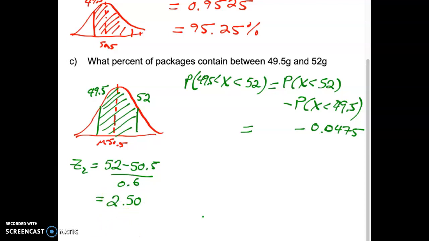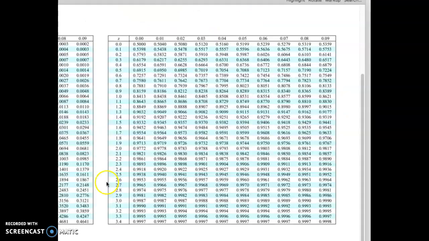So we're going to go to our table and look up the z-score for 2.50. Okay, so this time we are on the positive side, and we're going to start with the column, and we're going to look up the first 2 decimal places, so 2.5. We go all the way down to 2.5, and then we go across to the 0, and we get 0.9938.